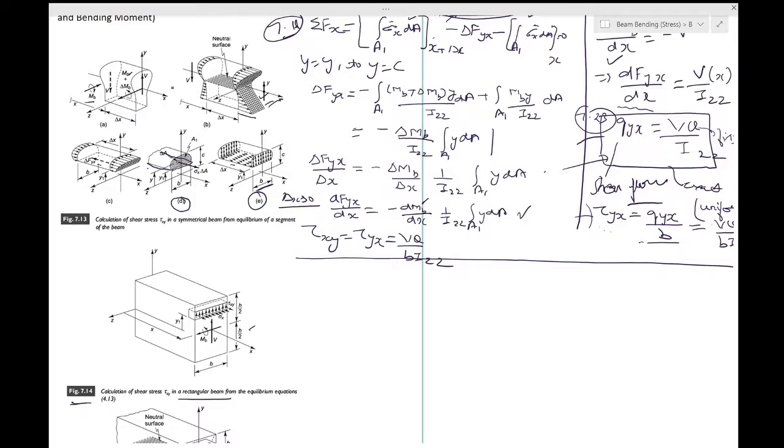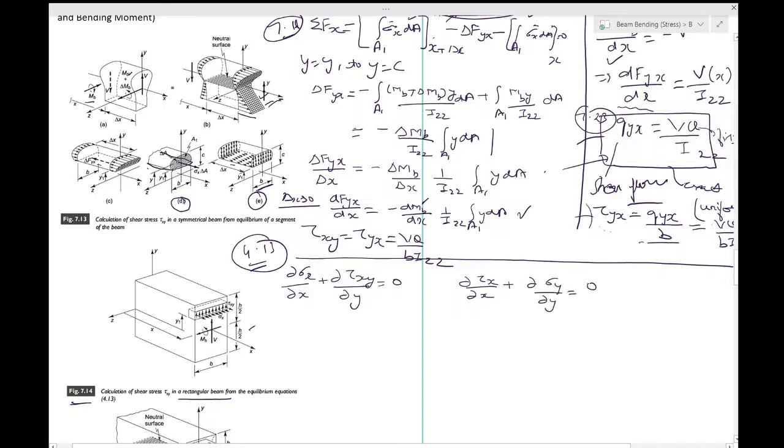So if you look at the equilibrium equations 4.13, let's see what they were. You can check 4.13. Yes, so 4.13, if you look in your textbook, you will have this equation: ∂σ_x/∂x + ∂τ_xy/∂y = 0, and ∂τ_xy/∂x + ∂σ_y/∂y = 0.